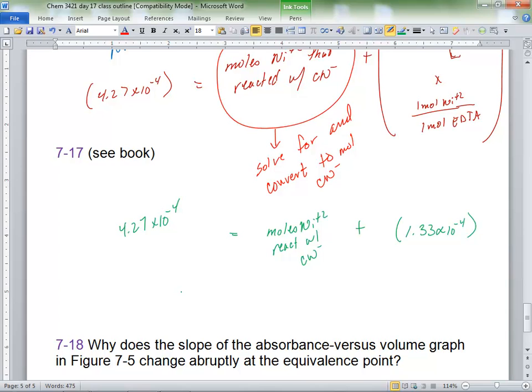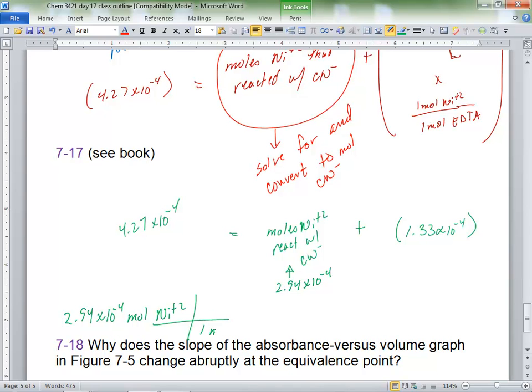So what's the moles of nickel? You get about 2.94 times 10 to the negative 4 moles of nickel.